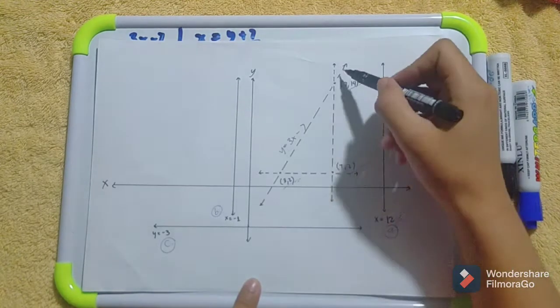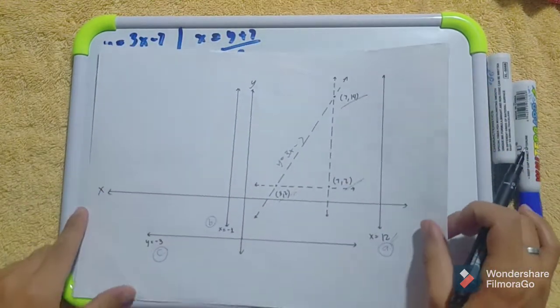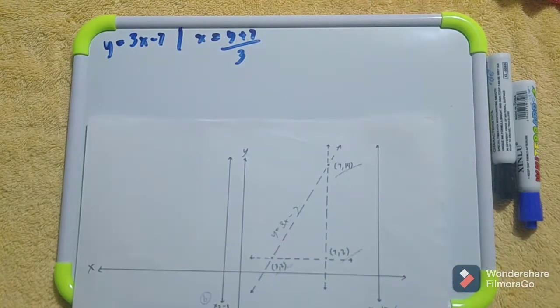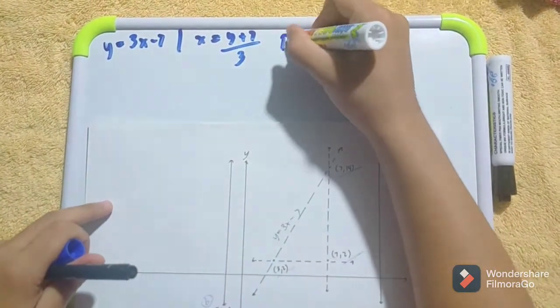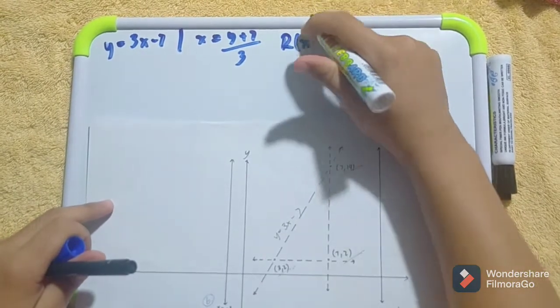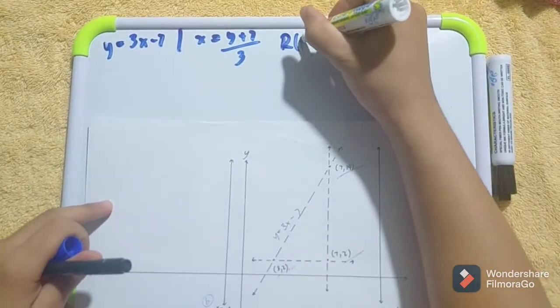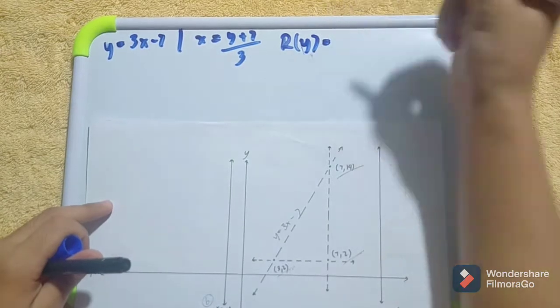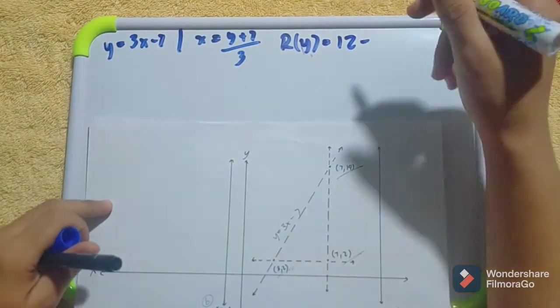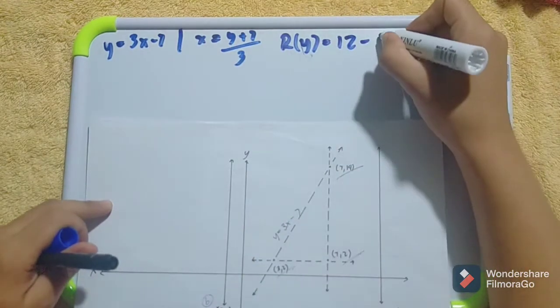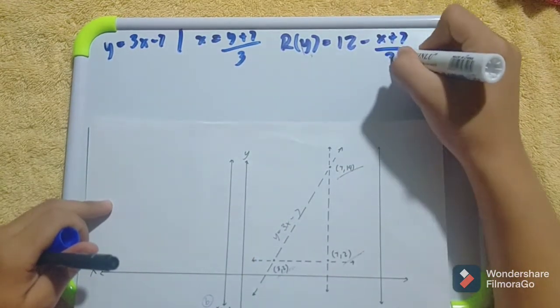So, 12 minus tong line na to, yun yung ating unang radius or yung ating outer radius, which is yung capital R natin, in terms of y siya, is equal to 12 minus itong line x, (y plus 7) all over 3.